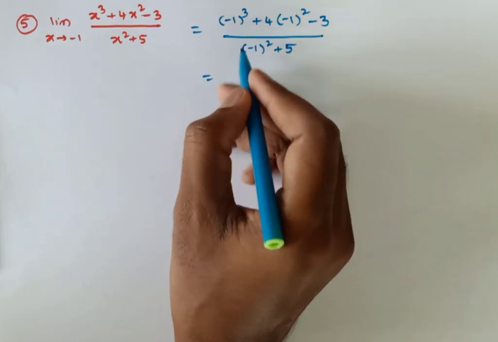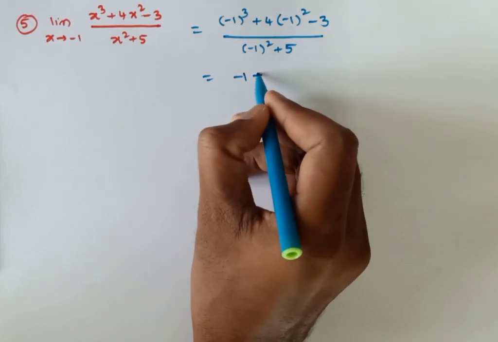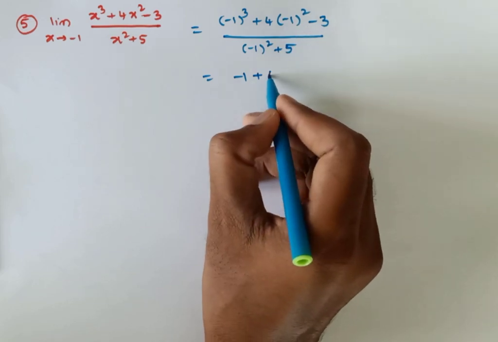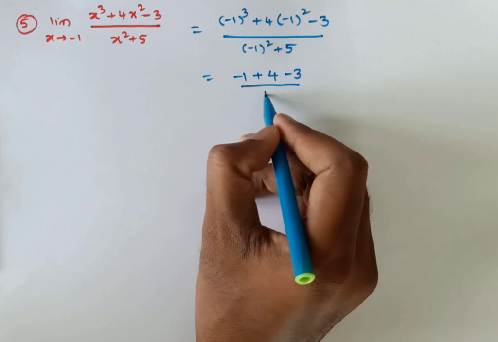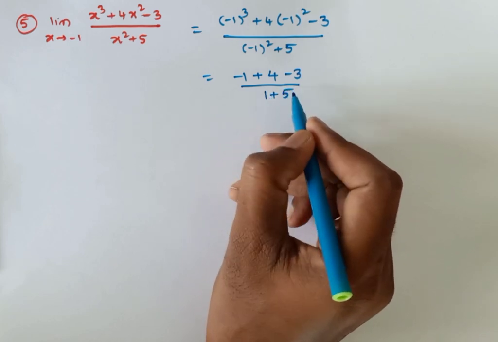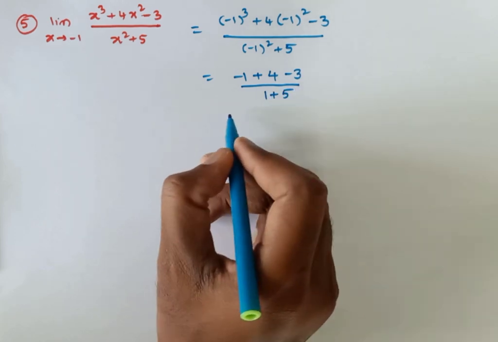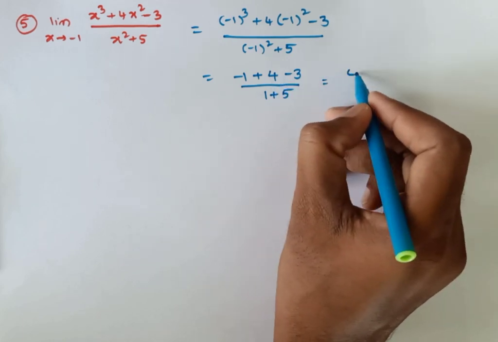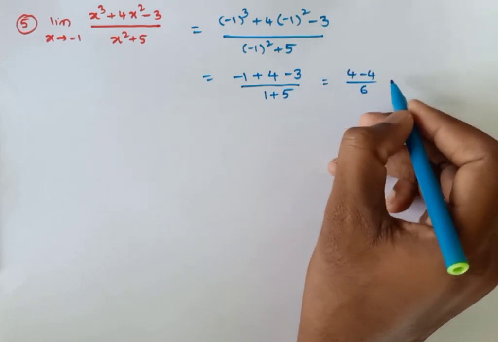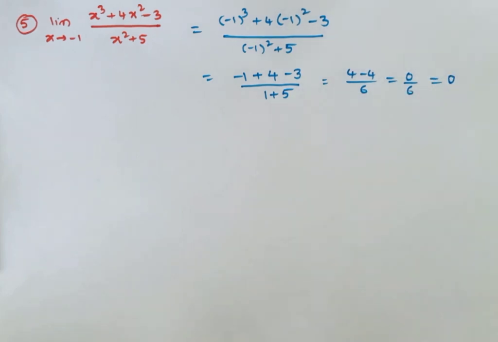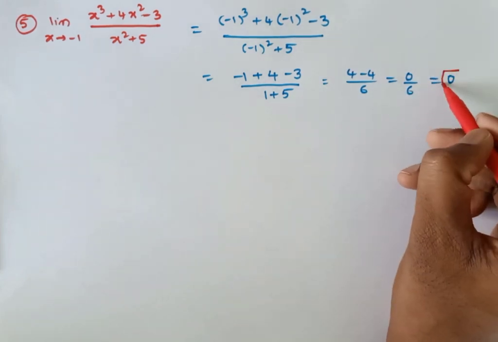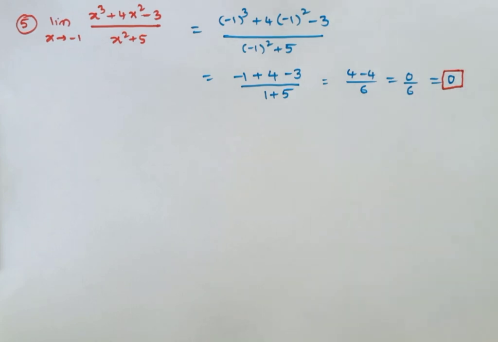Minus 1 cube is minus 1, plus 4 into 1 is 4, minus 3, so the numerator is 4 minus 4, divided by 1 plus 5, which is 6. That is 0 by 6, so the answer is 0. The limit for this rational polynomial is 0.